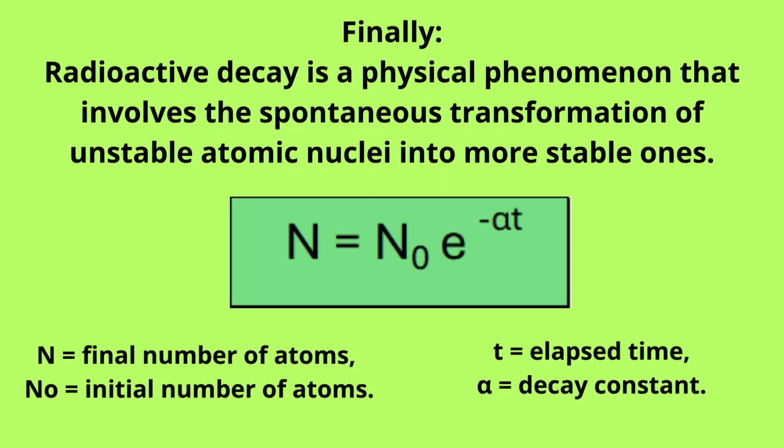Radioactive decay is a physical phenomenon that involves the spontaneous transformation of unstable atomic nuclei into more stable ones. The formula is n equal to n0 times e raised to the exponent negative alpha times t, where n is the final number of atoms, n0 is the initial number of atoms, t is the elapsed time, alpha is the decay constant.